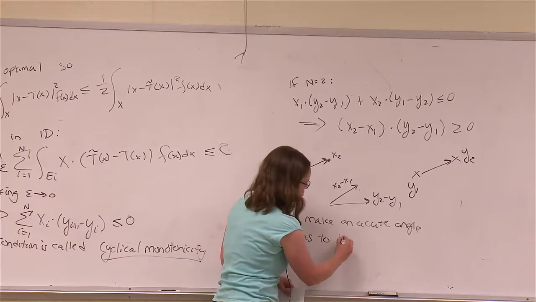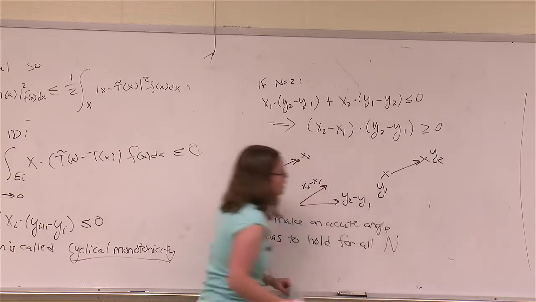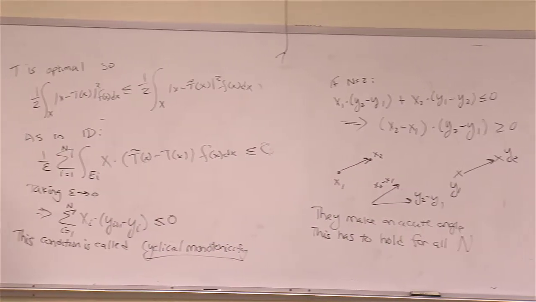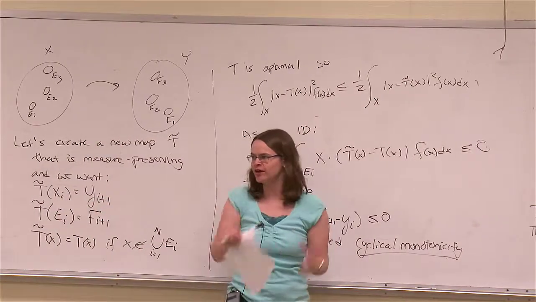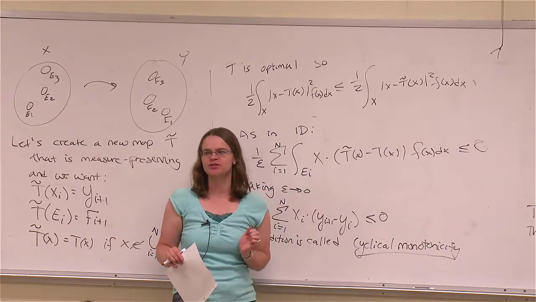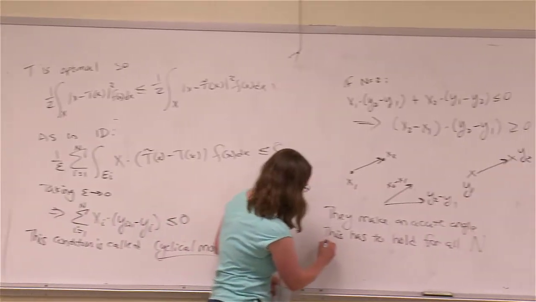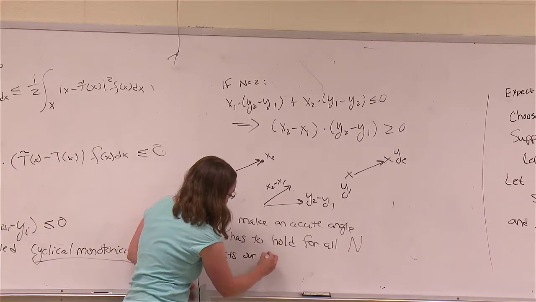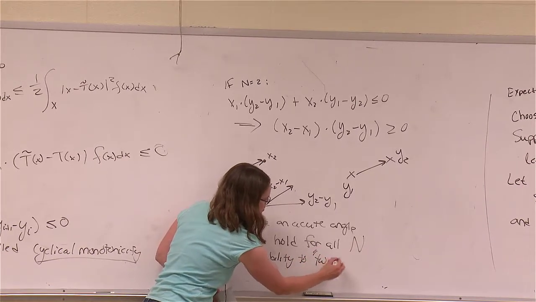And in some sense, for all capital N, it's placing some restriction on how much we can twist mass around as we move it. This condition says we really don't want to twist mass around. We want to try to keep everything pointed in the same direction if we can. So it somehow restricts our ability to twist mass.